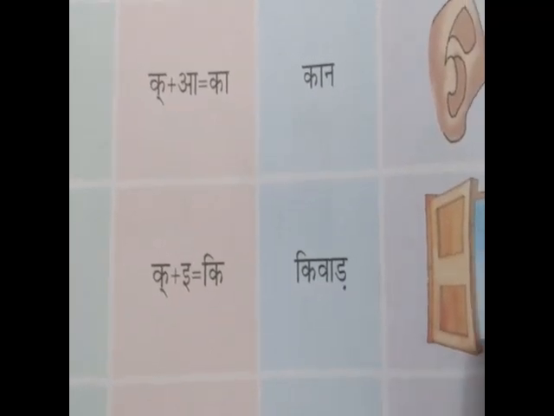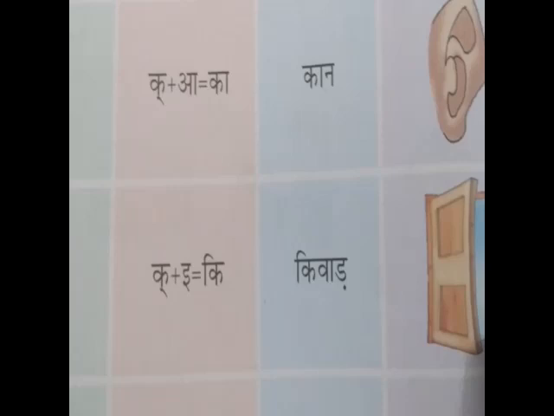Next one, ee. This matra is like this. Here you can see this side, but here it is on a different side. The letter again with half K, K plus ee is equal to ki.